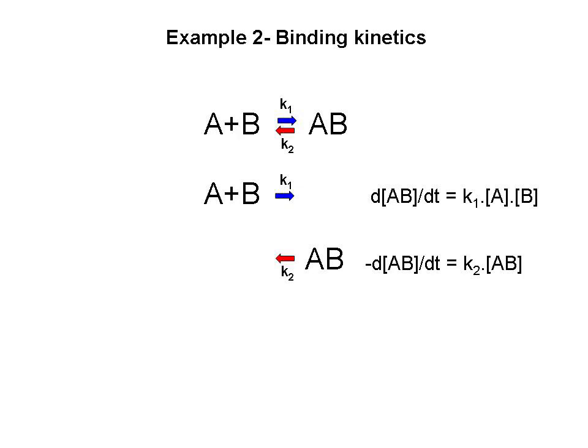So the derivative is negative because this path, shown with the red arrow, is taking stuff from the AB complex away from that compartment into the free compartment. So it decreases the concentration of AB. It has to be a negative derivative.